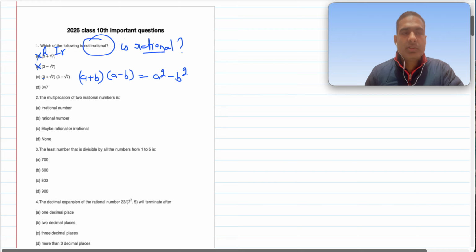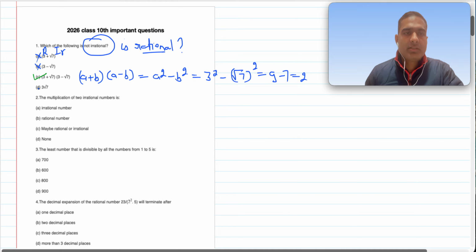In this option, in place of A we have 3 and in place of B we have root 7. So if we substitute the values, it is 3 square minus root 7 square, so that is 9 minus 7, that is 2. And 2 is a rational number, and that's what we were looking for. So our answer is C.